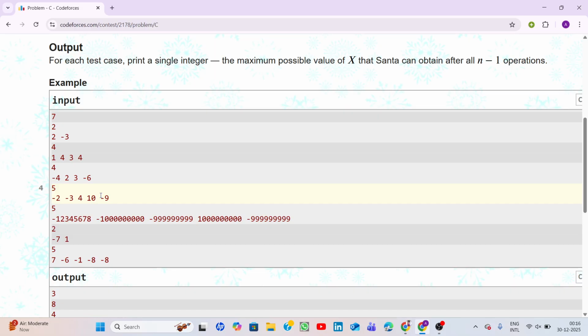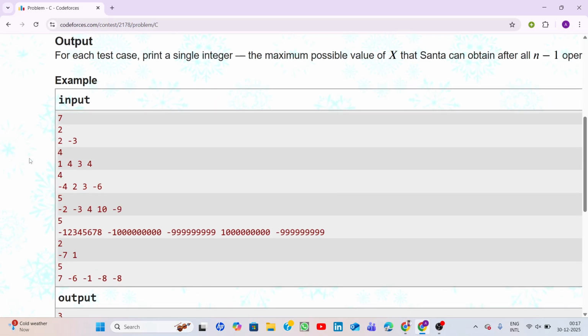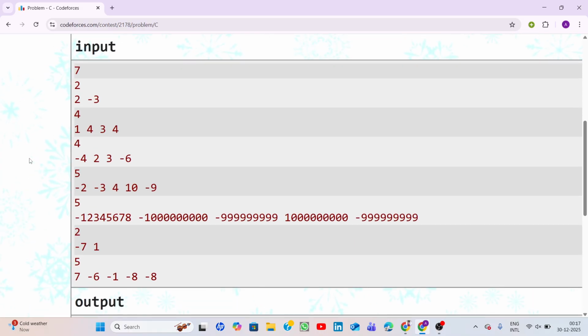So let me discuss my approach. In this question, I have separated my entire logic into four categories.